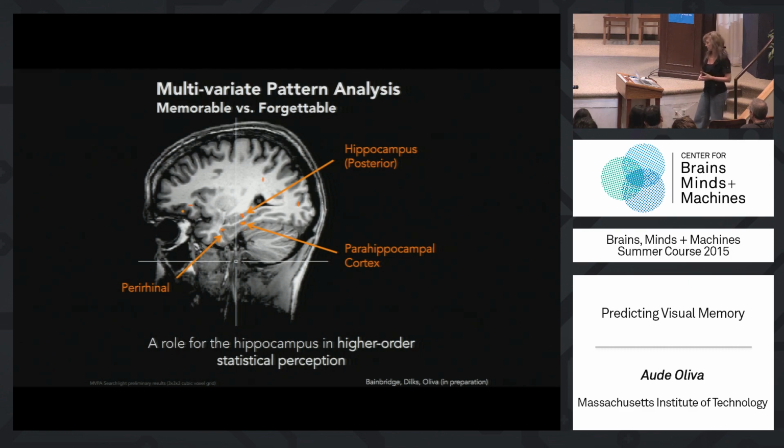So it seems to show that those MTL regions play a role in a kind of higher order statistical perception, a notion of distinctiveness that is within those images. So this suggests that at the perception of a new image, could be a face or a scene or a collection of objects and so on, there's already a signature of this that's going to guide or bias whether this is going to be put into memory or not.